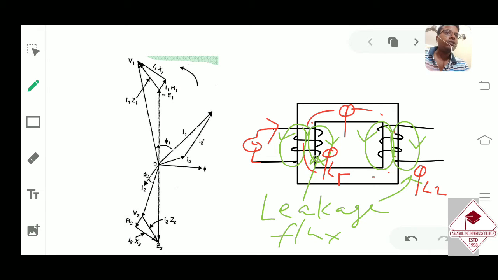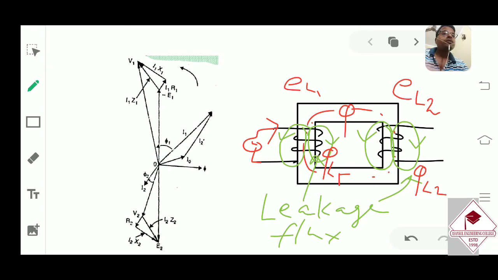Phi L1 will induce EL1 in the primary winding, and phi L2 will induce EL2 in the secondary winding. These two induced EMFs are due to the leakage flux.